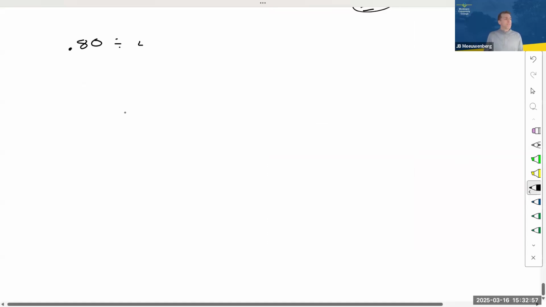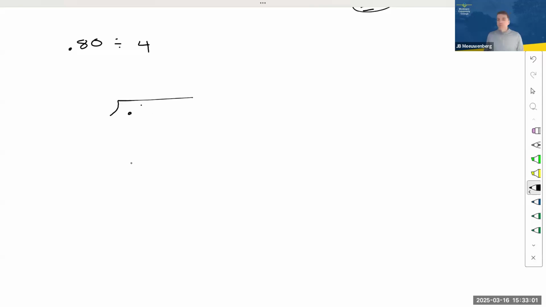Now we've seen the division algorithm already. Let's take that last problem that we just did, 80 hundredths divided by 4. If we use our traditional division sign, it's going to look like this. Our divisor always goes on the outside. And when we are dividing with decimals, we are going to look on the inside, and we're going to bring this decimal point straight up from where it was.